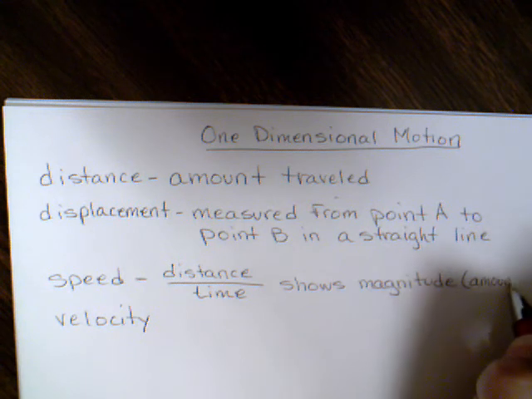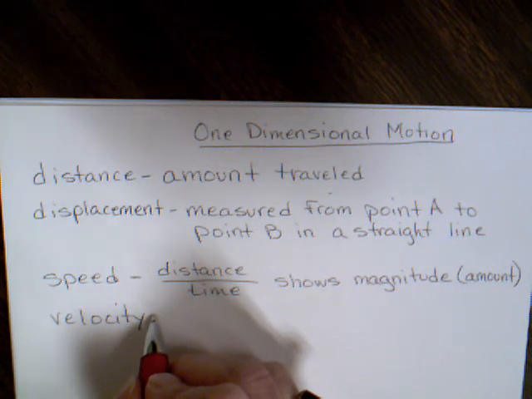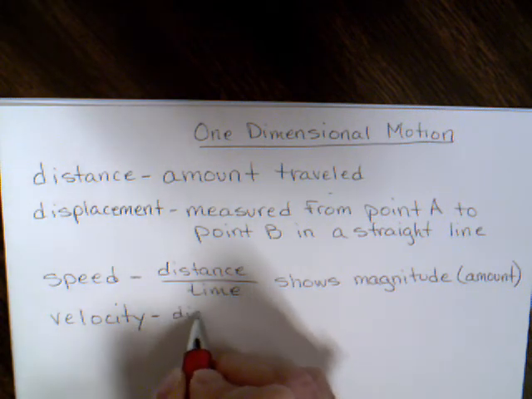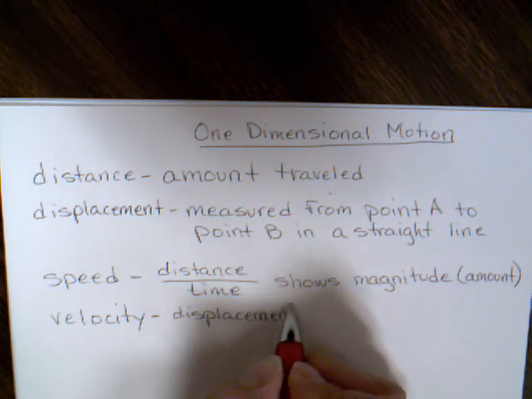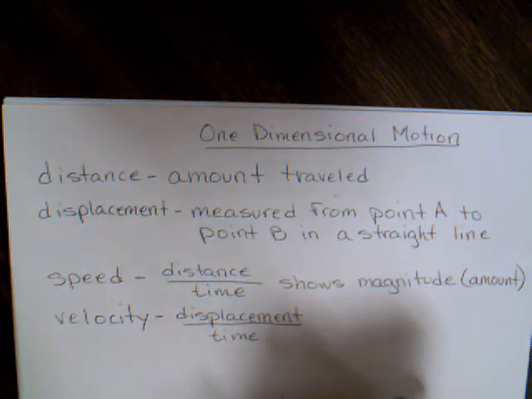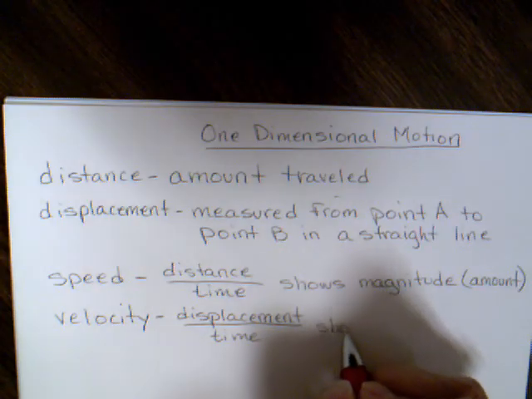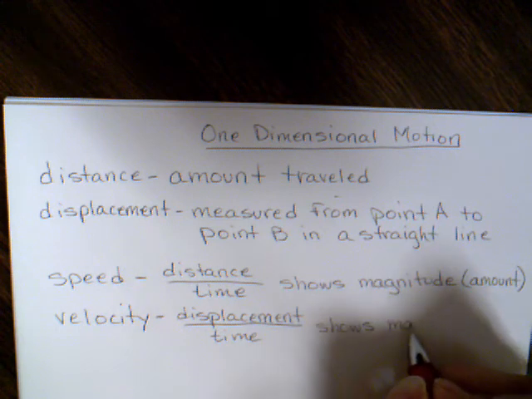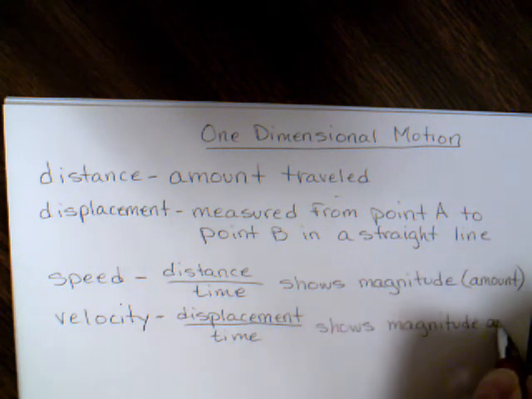We'll say amount. Whereas velocity is measured in displacement over time. It shows magnitude and direction.